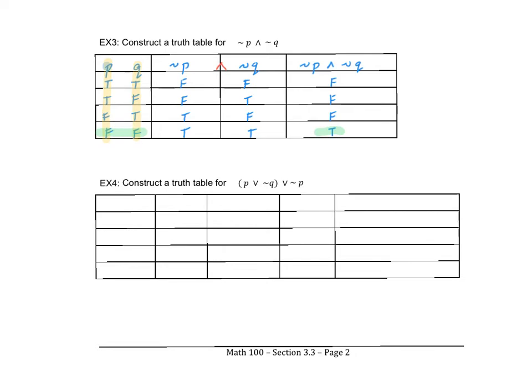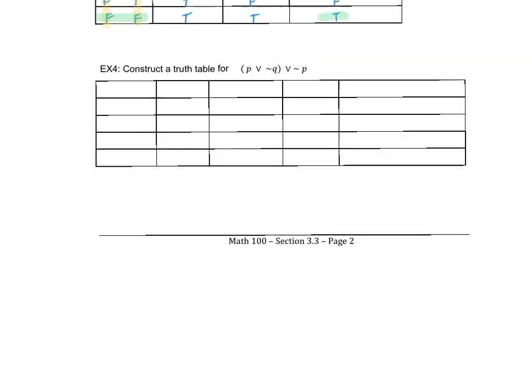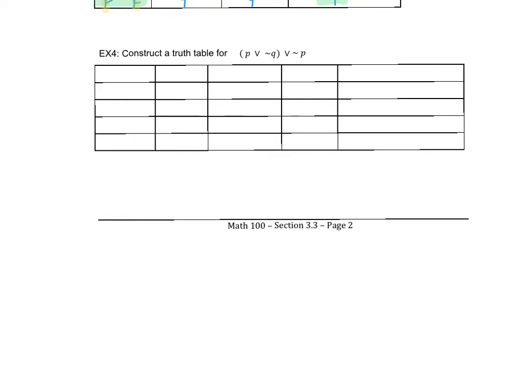Why don't we do one more example? Example 4, we want to construct a truth table for, in parentheses, P or not Q, or not P. A little bit more complicated, but the idea is the same. Start small. Work within your parentheses. P or not Q. I need to figure out that first. Notice that I only have two different letters, P and Q. So this should become automatic.